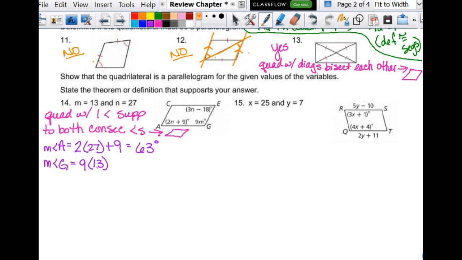So 9 times 13 is going to give me 117. And 117 and 63 gives me 180, so I feel good about my numbers. Measure of angle E is equal to 3 times 27 minus 18, which is also 63 degrees.